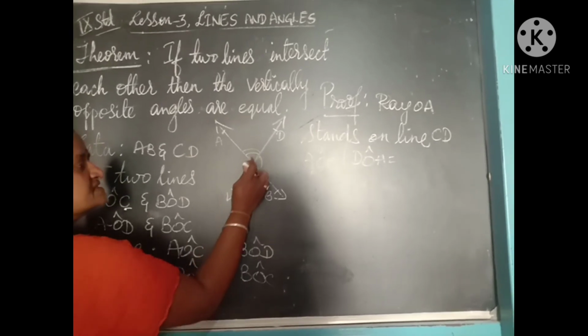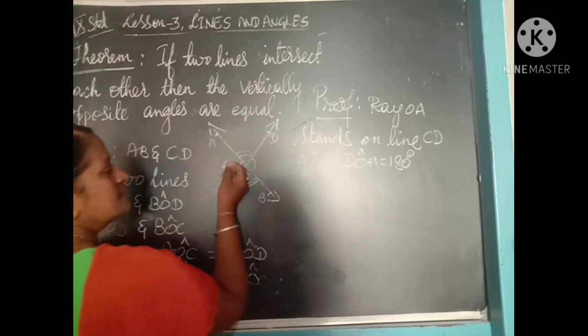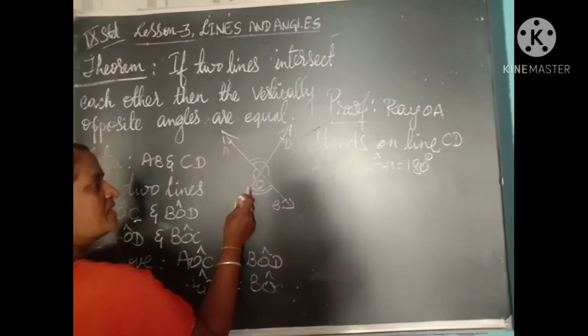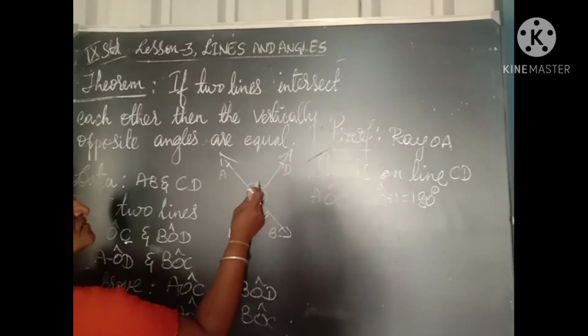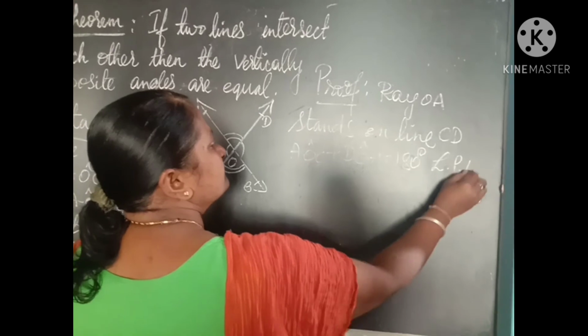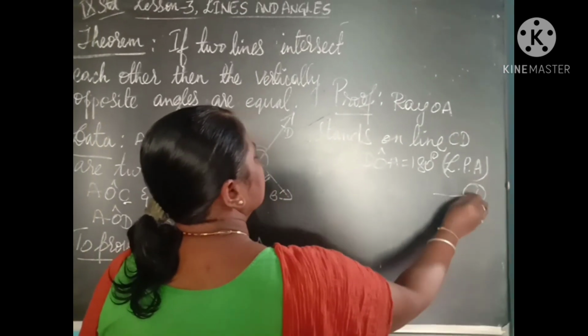So here the sum of these two is equal to how much? 180 degrees. That means in the previous video we studied the sum of these two is equal to 180 degrees, and what type of angles are these? Linear pair of angles. Call this 1.